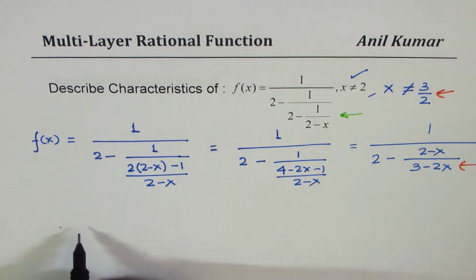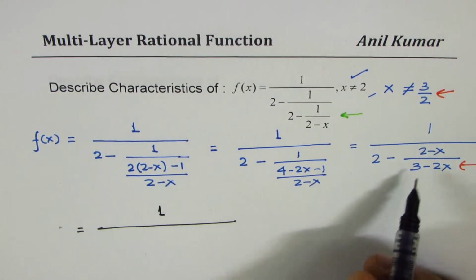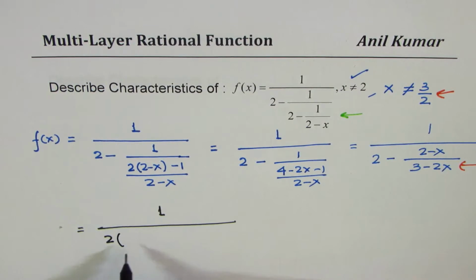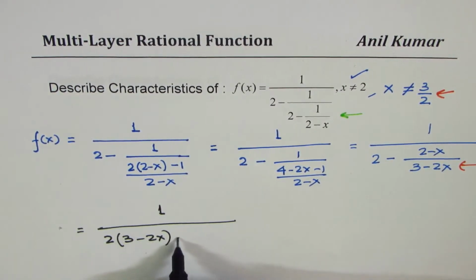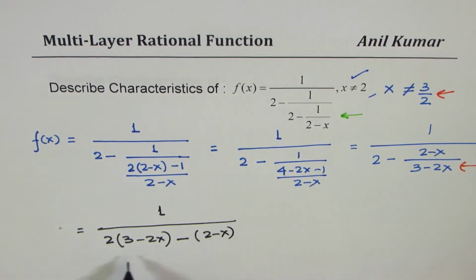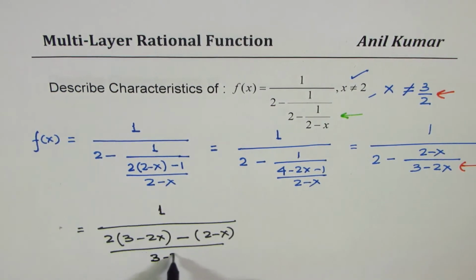So let's move forward. What we can now do is write this, taking 3 minus 2x as common denominator, we get 2 times 3 minus 2x, and here we have minus, let me put this in brackets, 2 minus x over 3 minus 2x.